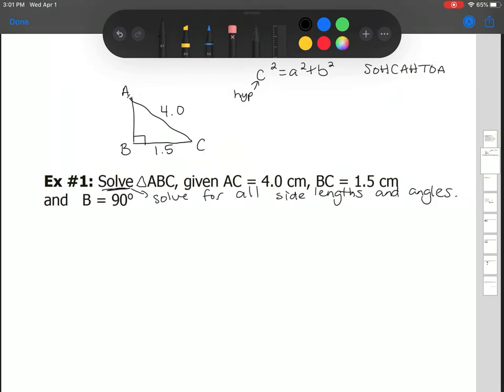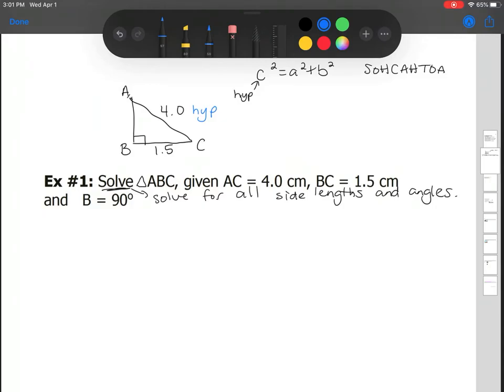Right now we only know the angle for the 90 degrees, angle B. So maybe that's somewhere we can start. We have to solve for all the angles, angle A and angle C, so it doesn't really matter which one you start with. This is the hypotenuse, the 4.